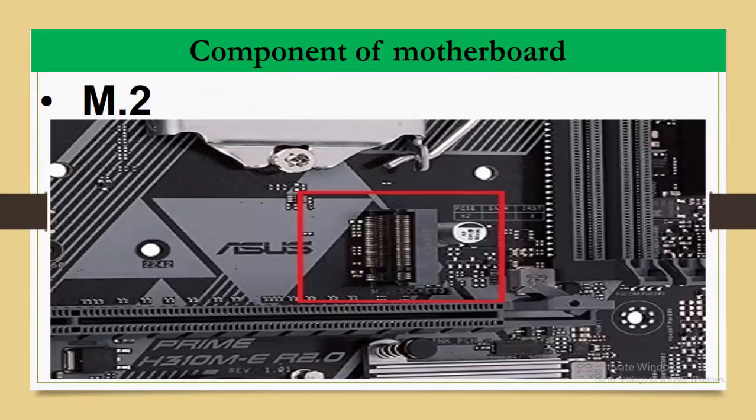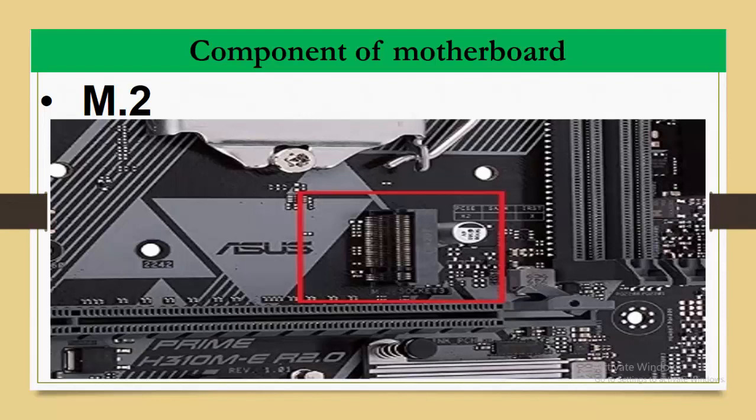The next one is M.2. M.2 is among the latest additions to the motherboard, which serves as the interface to connect SSDs, Wi-Fi, Bluetooth, etc., as buses such as PCI, SATA, and USB get exposed through it.